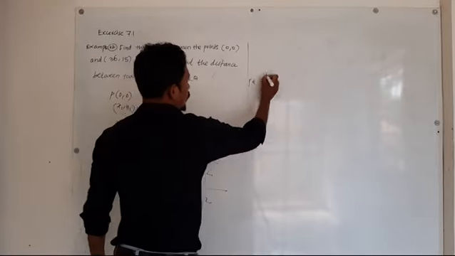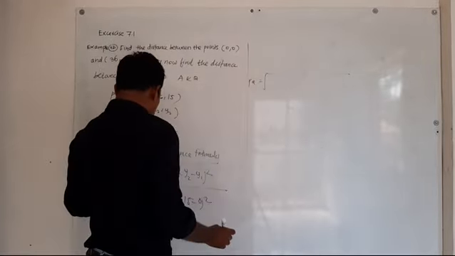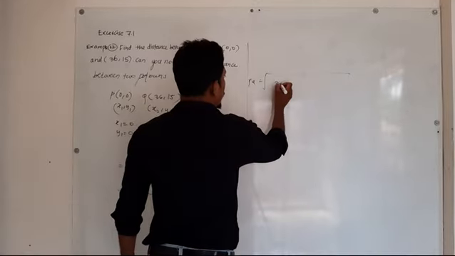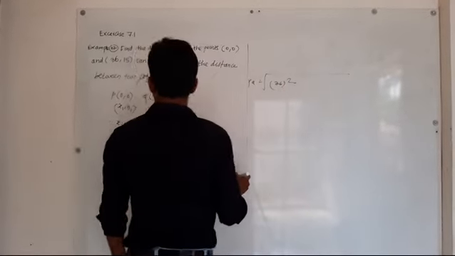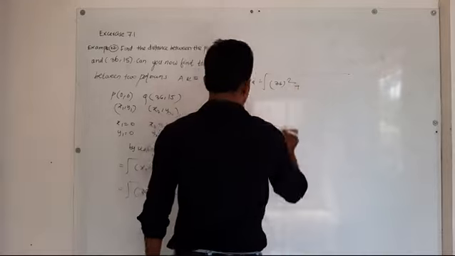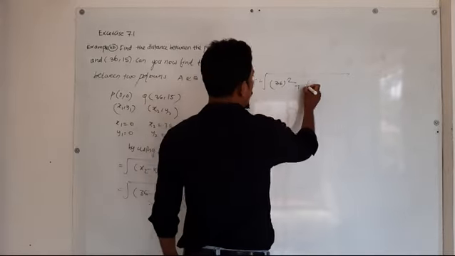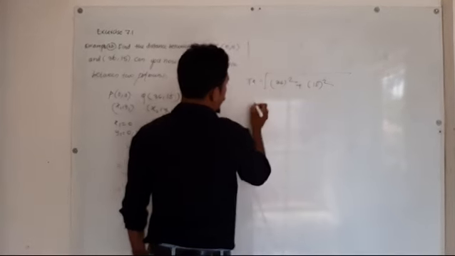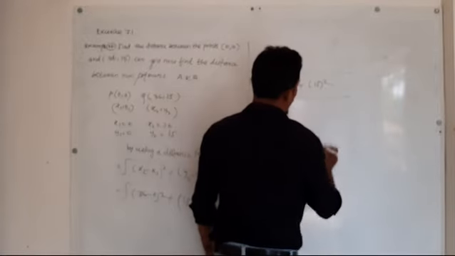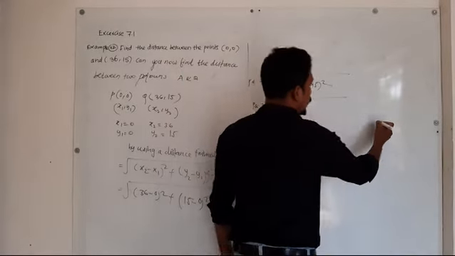Distance PQ is equal to the square root of 36 minus 0, that is 36 squared, plus 15 minus 0, that is 15 squared.